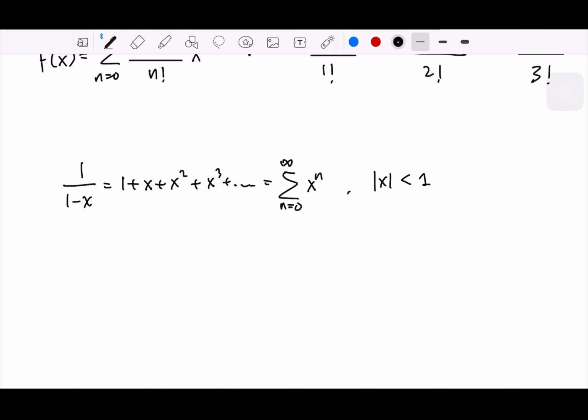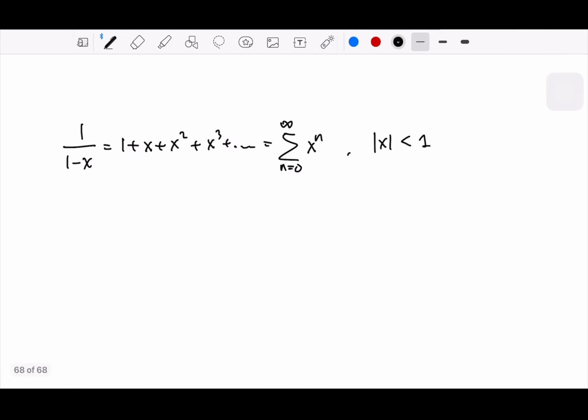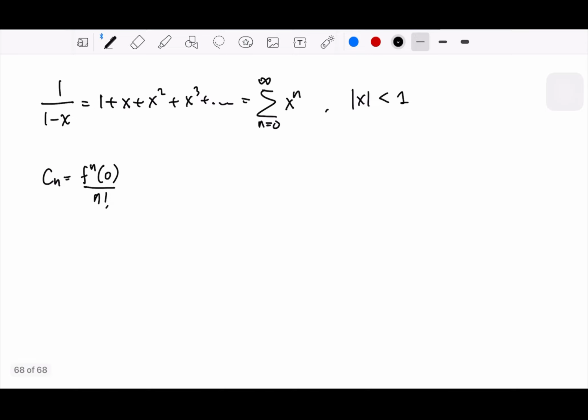We can confirm the coefficients. First we compute f of 0, which is 1, right?